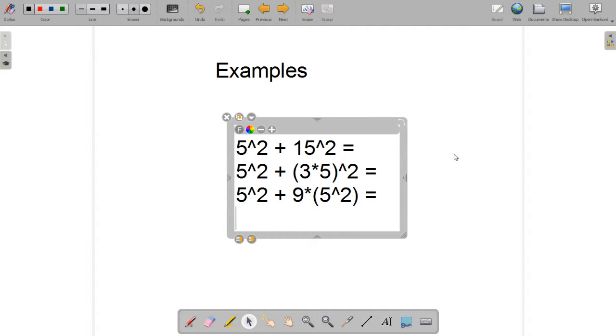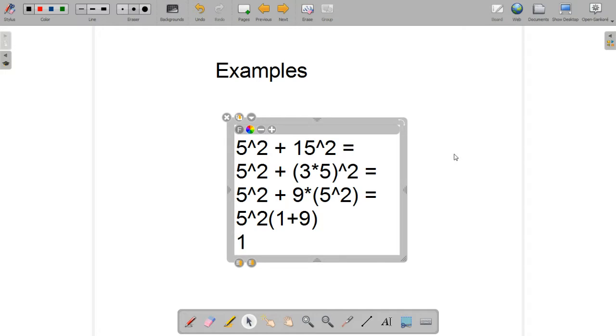Hopefully you can see that both of the terms have a 5 squared, so you can go ahead and factor it out. You're left with 1 plus 9, which is 10. So what's 10 times 5 raised to 2? It's just 5 squared, 25. It's just 250.